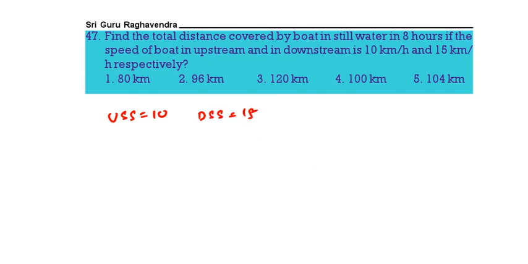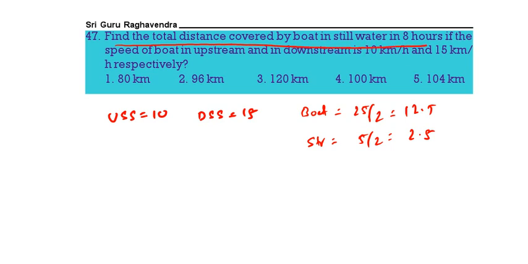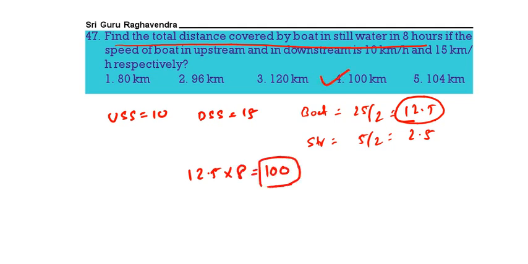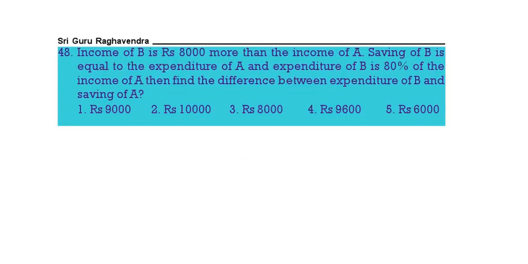Now what will be boat speed? Boat speed will be equal to 25 by 2, that is 12.5. Stream speed will be equal to 5 by 2, that is 2.5. Now the still water boat speed is 12.5 and in 8 hours, total distance is 100 kilometers. 4 is the correct answer. See the next one.